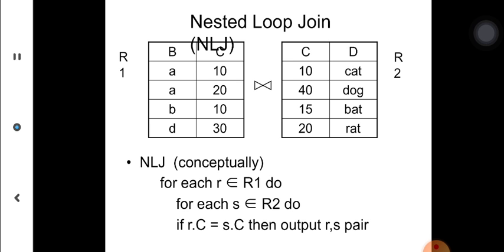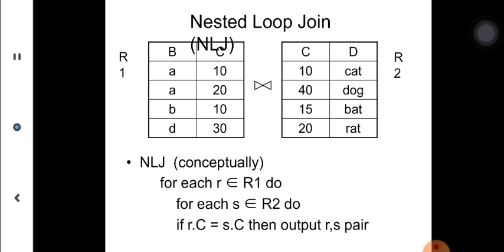Take a look at nested loop join. We have two relations, you can see R1 and R2. In these relations, we have at least 6 tuples each, and I'm taking a natural join. So what happens in a nested loop join conceptually?